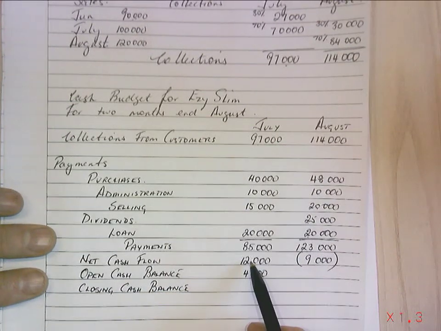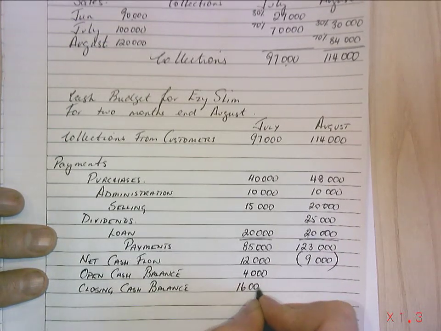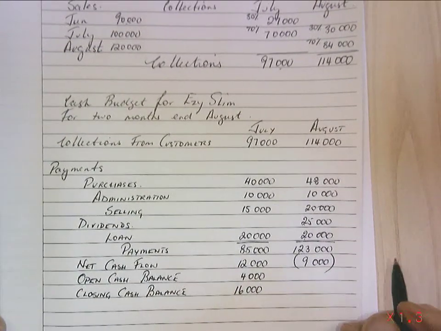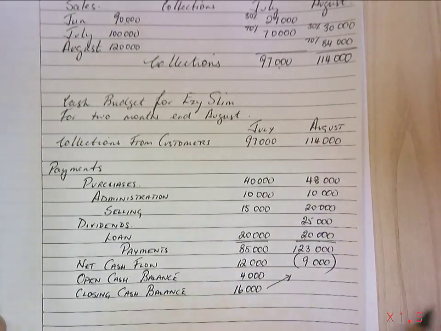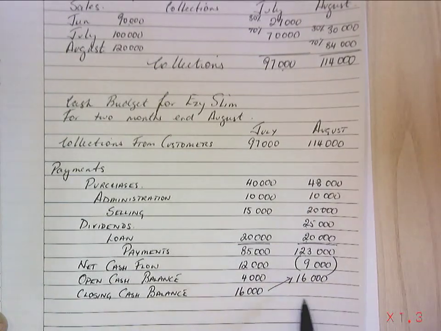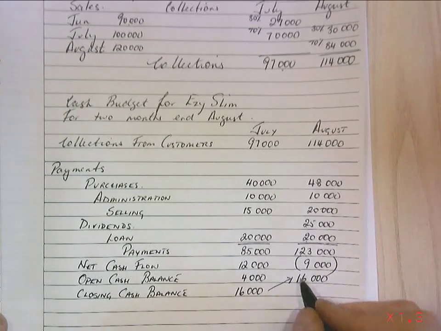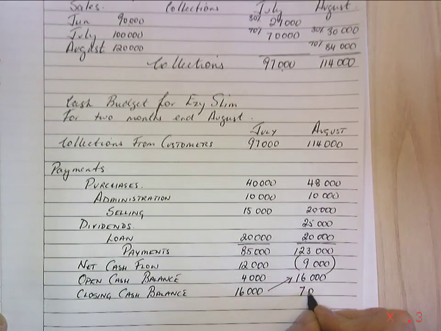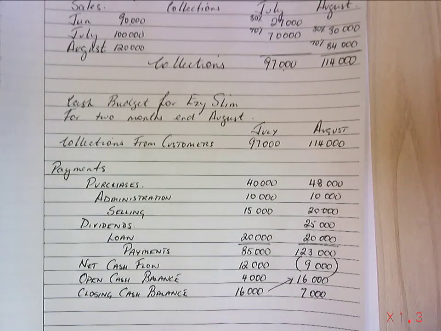So my closing cash balance will be my net cash flow plus my opening cash balance. That'll give me 16,000. Now my closing cash balance becomes my opening cash balance the next month. 16,000 plus my negative 9,000 will give me $7,000. And that's my cash flow for the period.